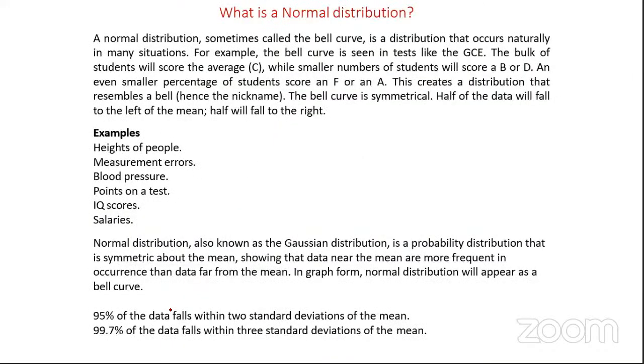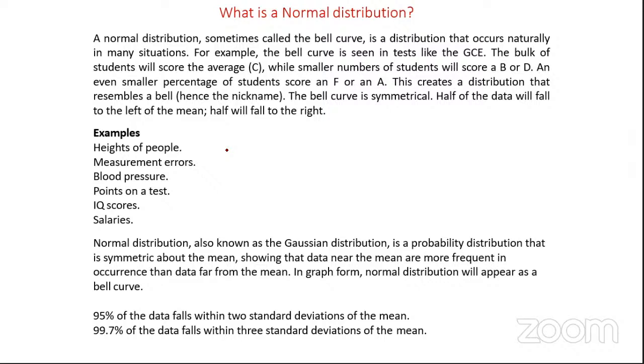So I have the notes here that talk about situations of normal distribution. A normal distribution is called bell shape. We have examples such as the height of people. Height most often follows a normal distribution. The majority of adults will be between 1.5 to about 1.6 or 1.7.